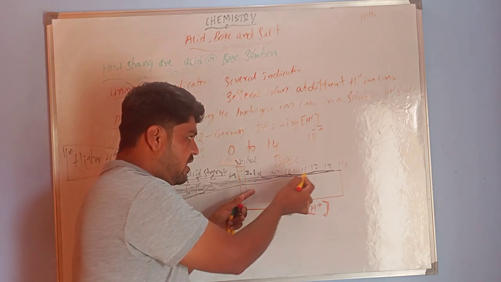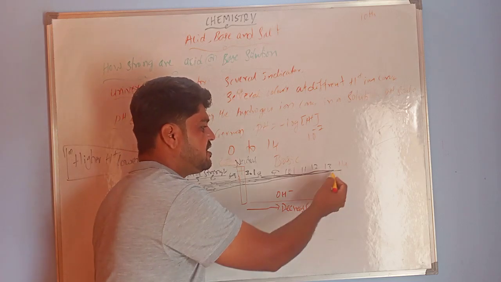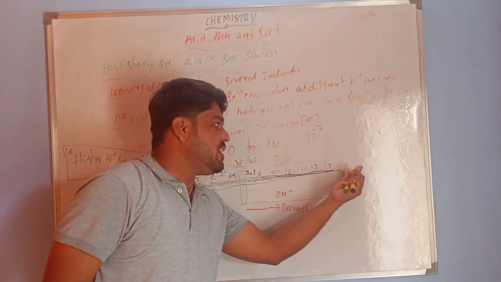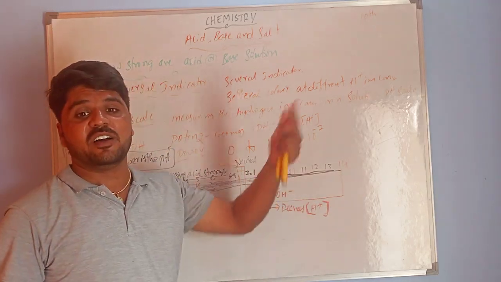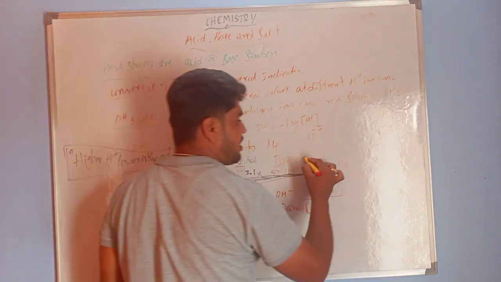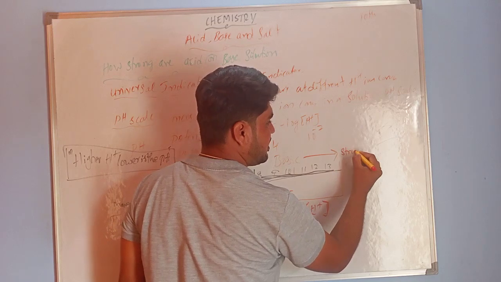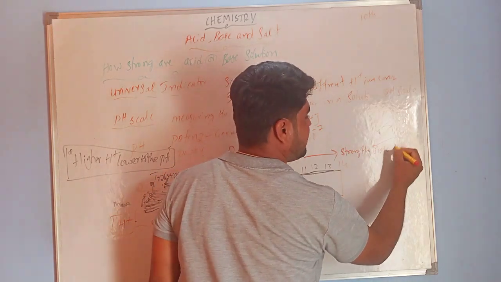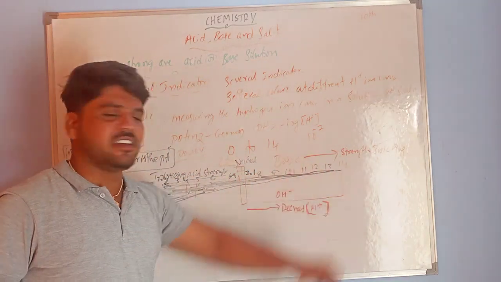The black colored components are H+, that's why there is a decrease in the concentration of hydrogen. When the pH value is high, hydrogen ions are less and OH ions are high. Basic nature increases as we come to this side. Basic strength increases from 7 to 14 on the pH scale.